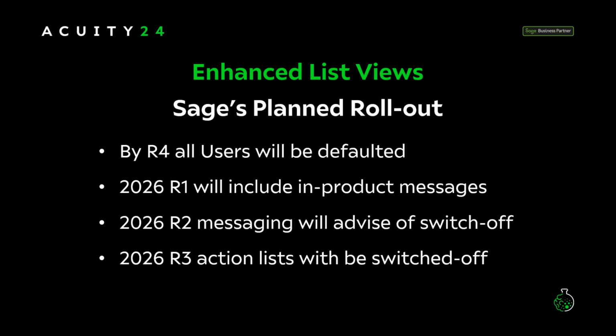But again, you'll still be able to use the old action list views if you want. In release 2 of 2026, the in product messages posted by Sage will advise of pending switch off of the old action list views. And finally, by release 3 of 2026, action list views will be switched off and decommissioned, with enhanced list views becoming standard functionality.